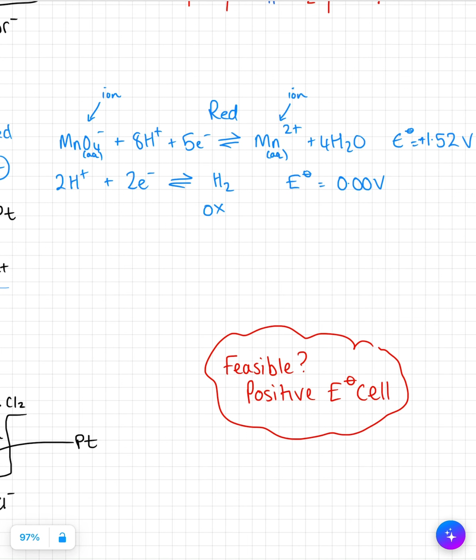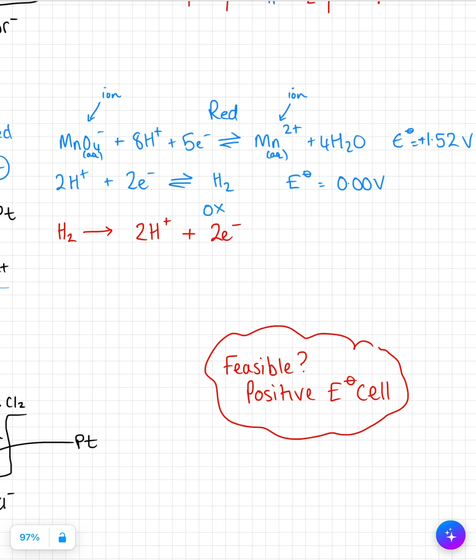Let's use these two half equations to write the balanced overall reaction that's happening. So we have our reduction process, and what we're going to do is flip the oxidation process around so that it is an oxidation half equation. So we go H2 loses 2 electrons to 2H plus and 2e minus.